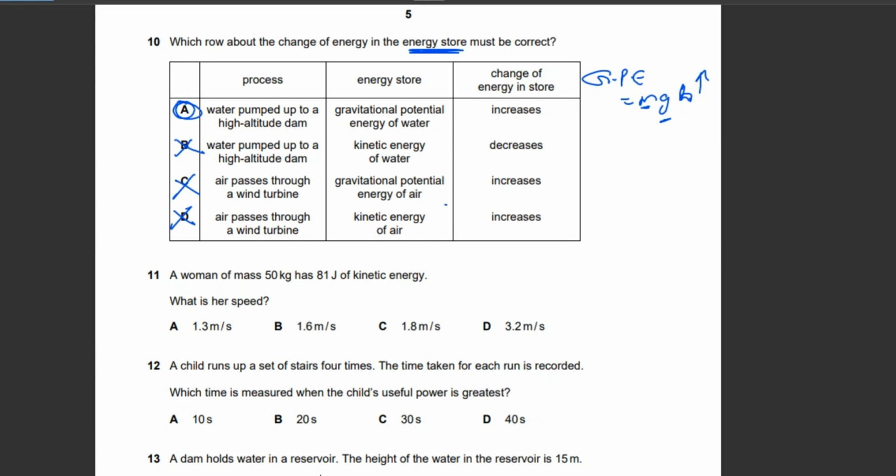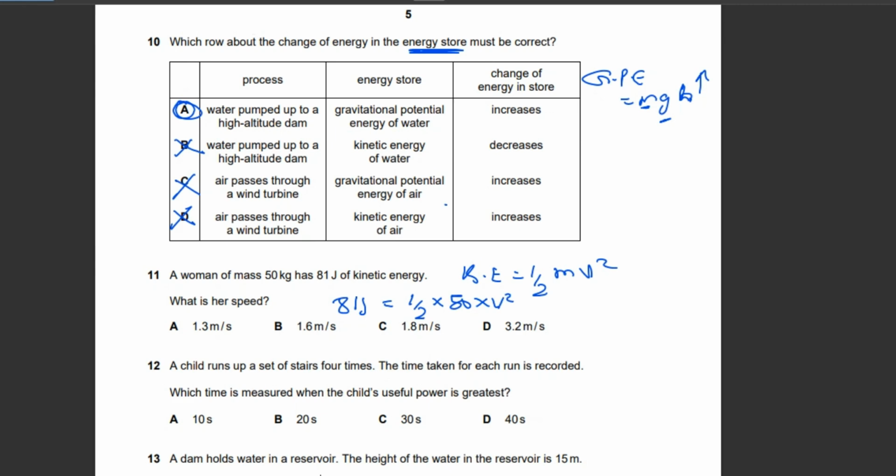A woman of mass 50 kilogram has 81 joules of kinetic energy. What's the speed? So we need to remember that kinetic energy is half mv squared. So that implies that 81 joules is equal to half multiplied by 50 multiplied by v squared.